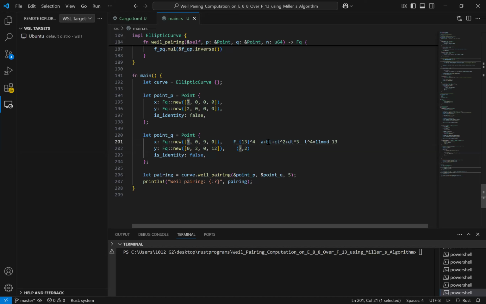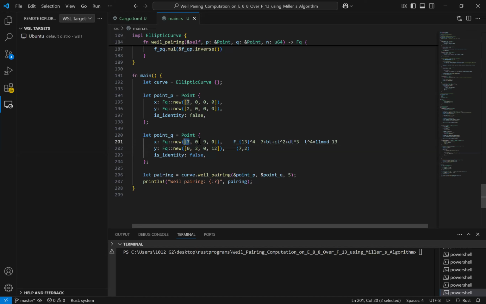B is 0, because it's supposed to be 7 plus Bt plus Ct squared plus Dt cubed. You can see B is 0, C is 0, and D is 0. So this becomes 7 because the rest is 0.